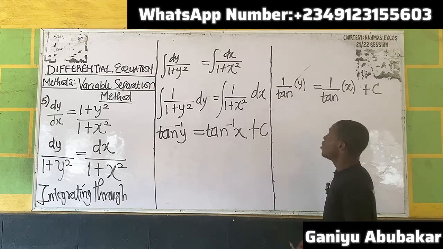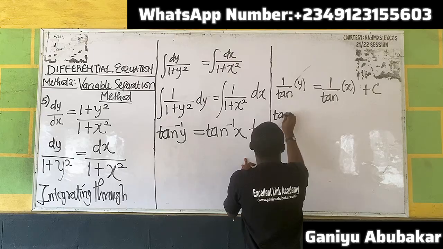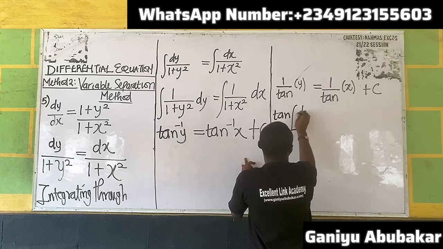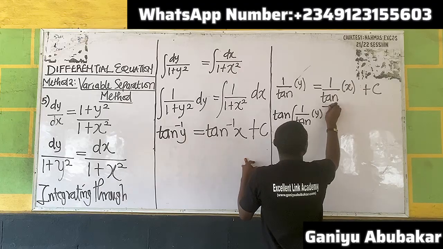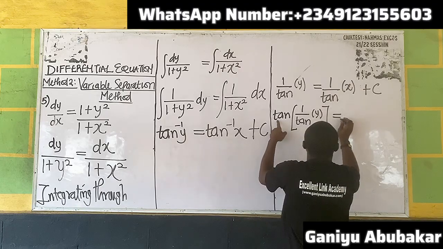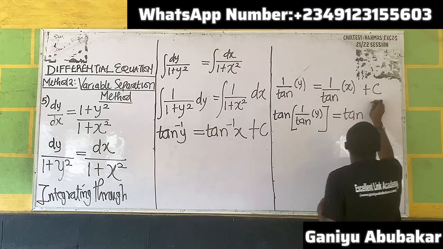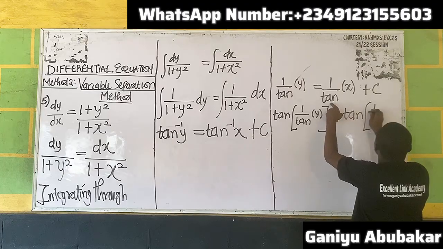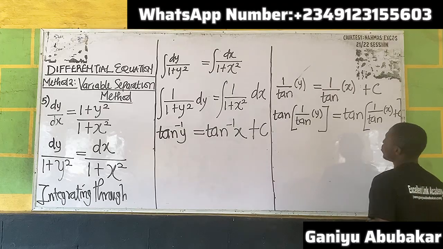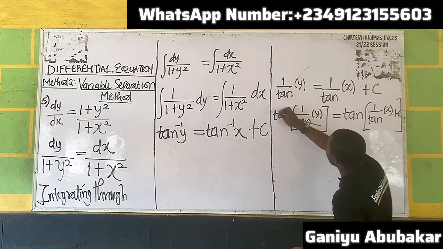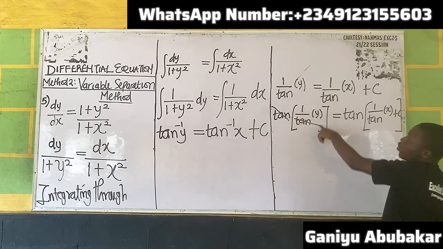Tan multiplied by 1 over tan into y equals tan again multiplied by 1 over tan of x plus c. What do you observe? This one will cancel this. I cannot have y standing alone.